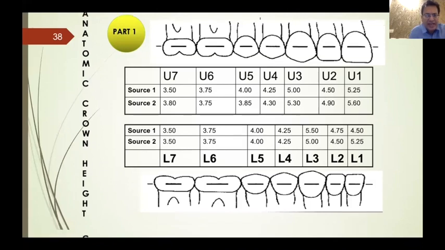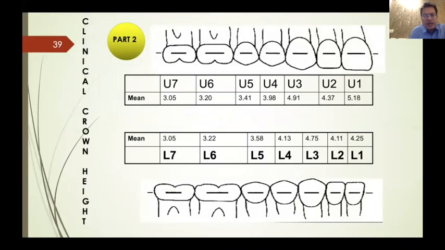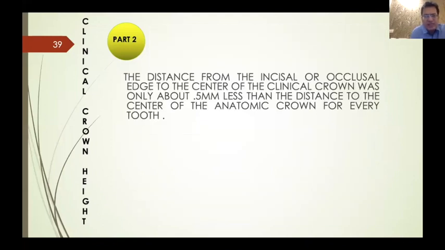Now, in the second part, they looked at the clinical crown height, what was visible to us as a clinician and what was uncovered. There was no gingival tissue on top. So these were also calculated half and made a table of. So what did they observe? They observed that the distance from the incisal or the occlusal edge to the center of the clinical crown was only 0.5 millimeter less than the distance from the anatomical crown.